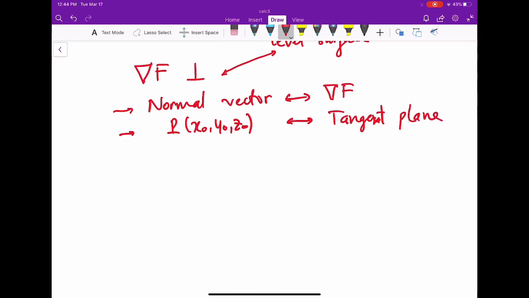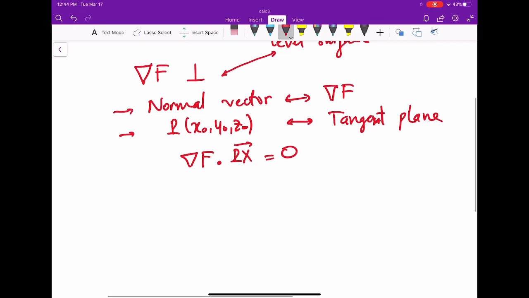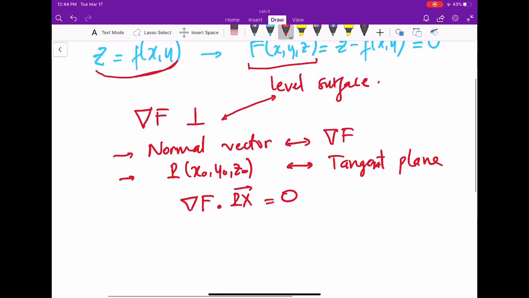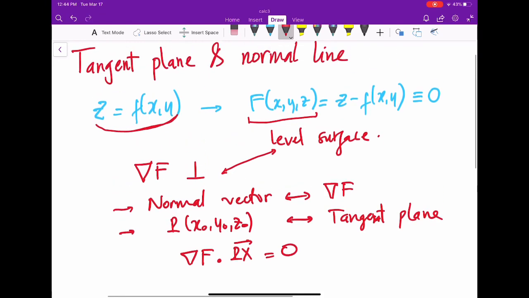The equation looks like gradient F dot product with P0P, and this is equal to 0, because the gradient is perpendicular to P0P. That is about the tangent plane.